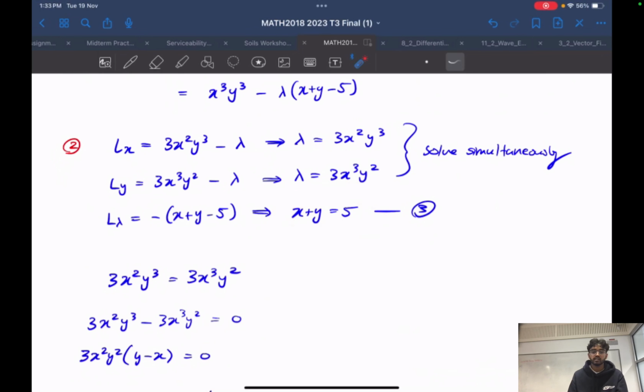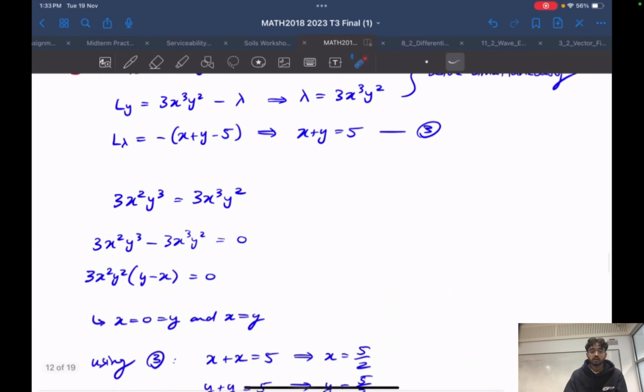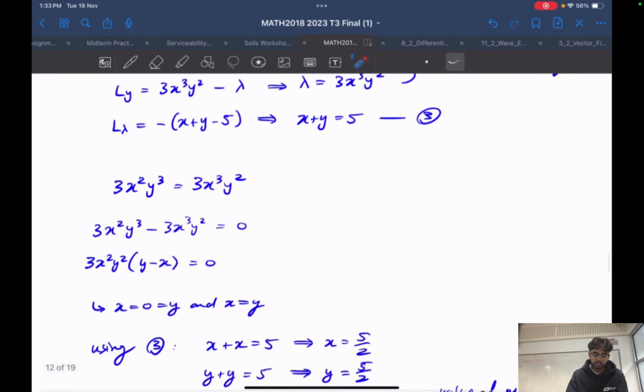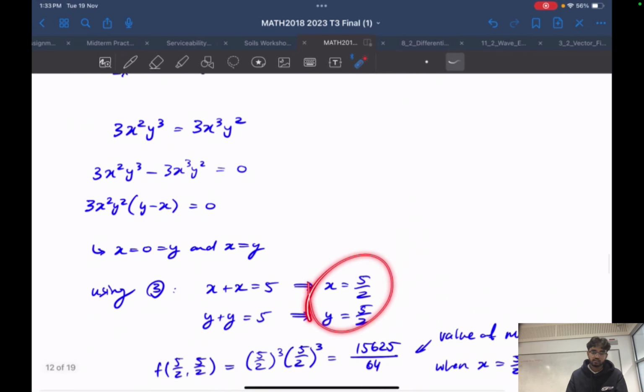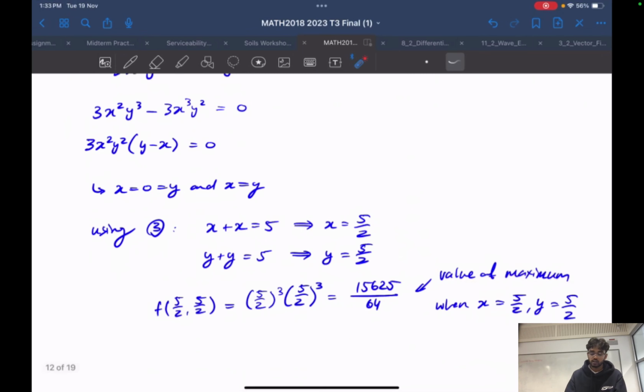We don't need to really find lambda. We've already found what x and y are, and we know that x is equal to y, so the maximum value occurs when x is equal to y. And that's why I found that these are the maximum values. This is the point at which the maximum occurs. And so I can pretty much assume that this is the value of the maximum when x equals 5 on 2 and y equals 5 on 2.